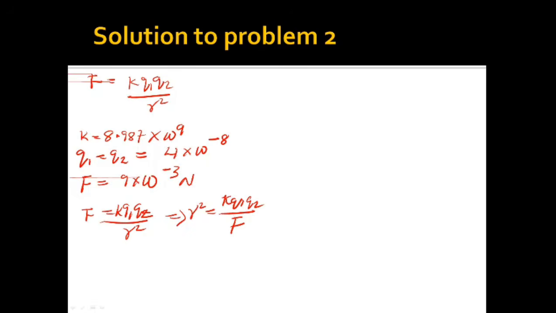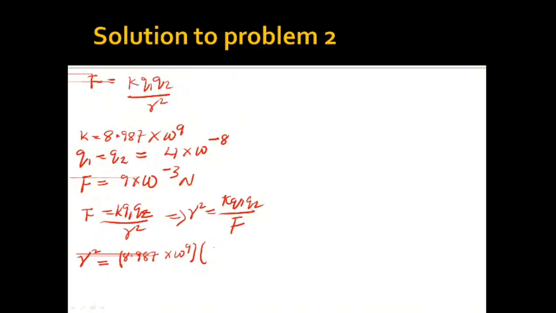From that point, you can now say that R squared is equal to, you put in your value of K, your value of Q, and your value of F. The value of K is 8.987 times 10 raised to power 9, bracket close.